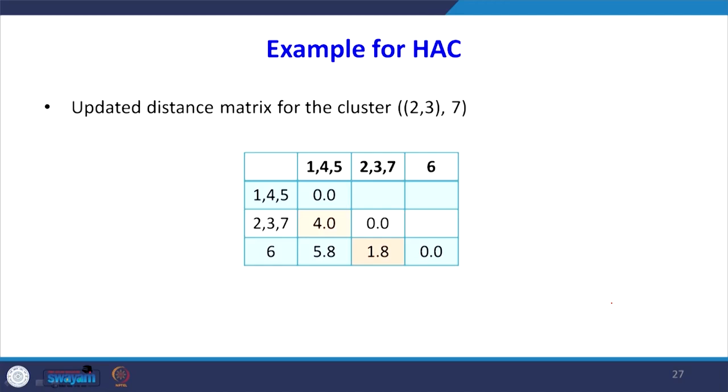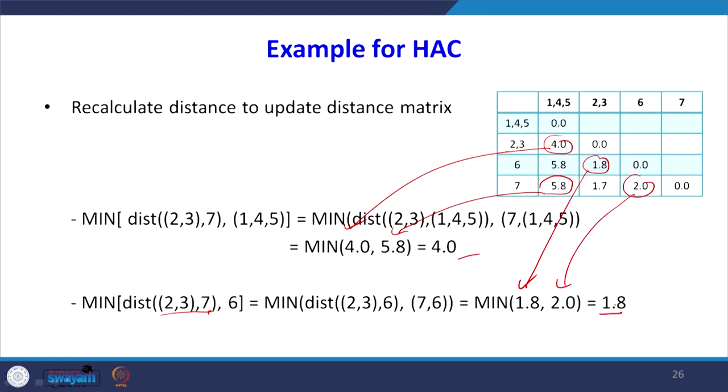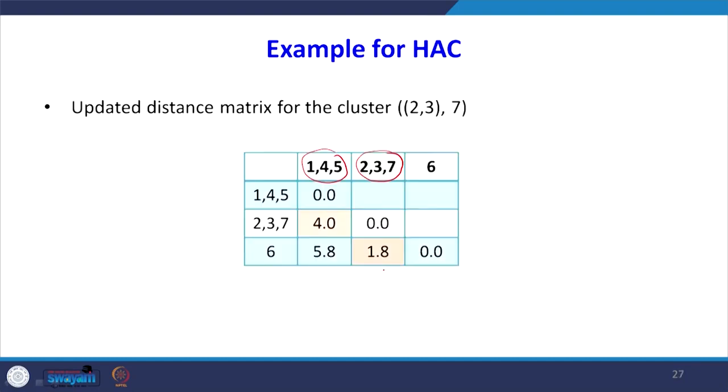Now, in the updation you see that we have formed 2 clusters, in which 1, 4, 5 is one group, and 2, 3, 7 is another group. This is the updated distance matrix. This value 4 we got from here, this 1.8 we got from here.